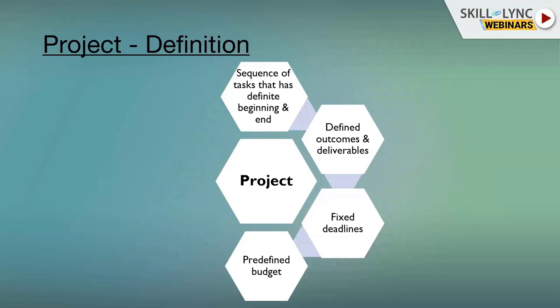Every project is bounded by time. Every project is bounded by a deadline. So we should understand those things, right? Moving ahead, as it is given in the slide also, it has a predefined budget.